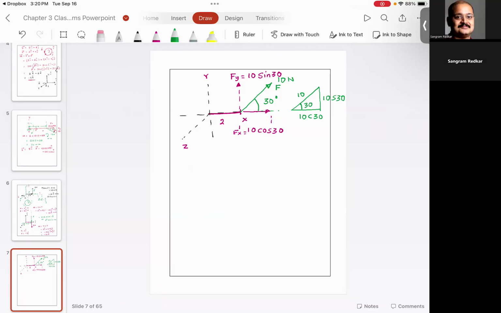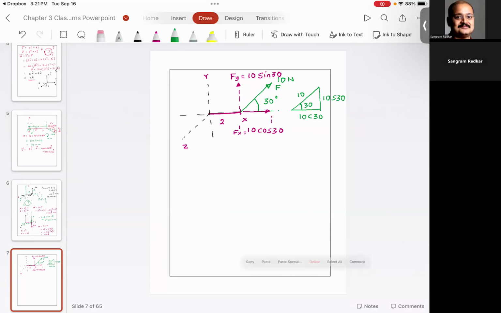So can you agree with me that the force 10 cosine 30 is in the same direction as the radius. So it's not going to give us any moment. You agree with me? The horizontal force is not going to give us moment, but the vertical force 10 sine 30 is going to give me a moment.